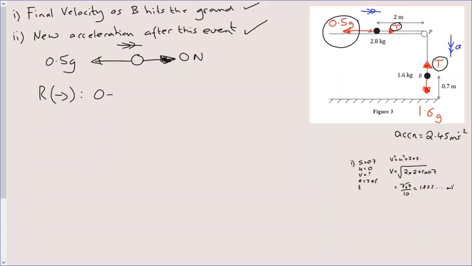So I've got 0 minus 0.5 G is equal to the mass of that particle, which is 2.8, times acceleration. So a is minus 0.5 G over 2.8, and that comes to minus 1.75 meters per second squared.